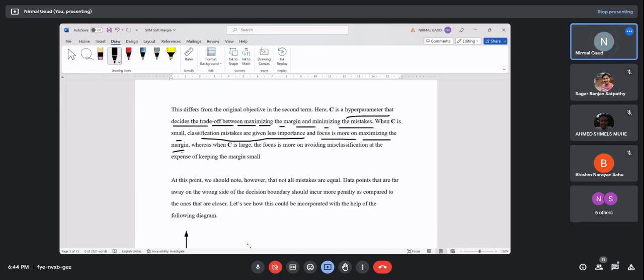That means I keep on maximizing the margin, and I'm literally avoiding how many mistakes I'm making. But during the same time, if you made a few mistakes, that is okay, but when you continue making many mistakes, then obviously the classification which you are doing with the SVM, this SVM algorithm is going to crash.